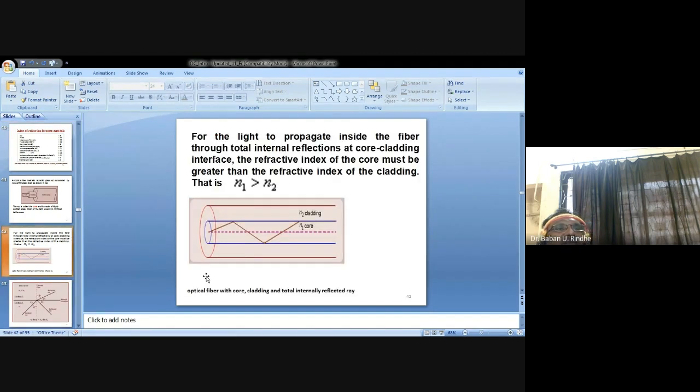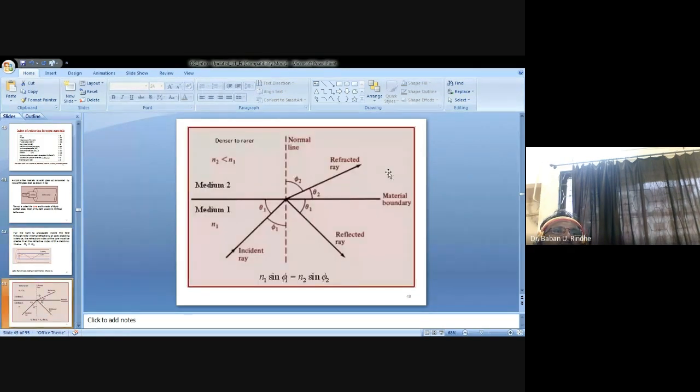For the light to propagate inside the fiber through total internal reflection at the core cladding interface, the refractive index of the core must be greater than that of the cladding. We will discuss in the next figure how we get the internal reflection at the core cladding interface. Here this is the plane diagram for the refraction of the light, which follows Snell's law.